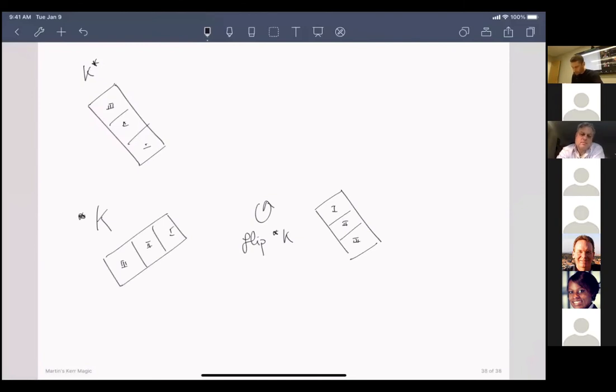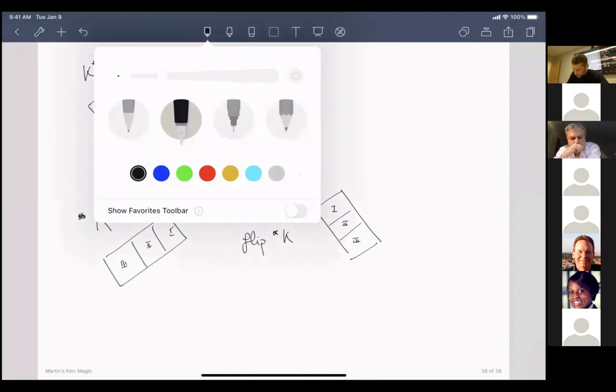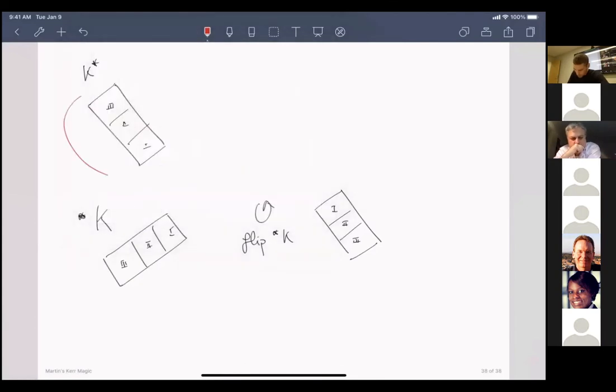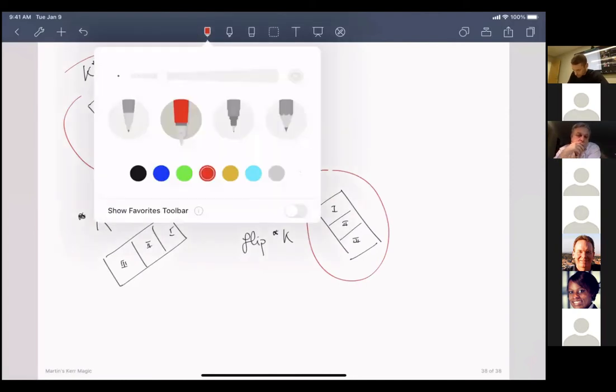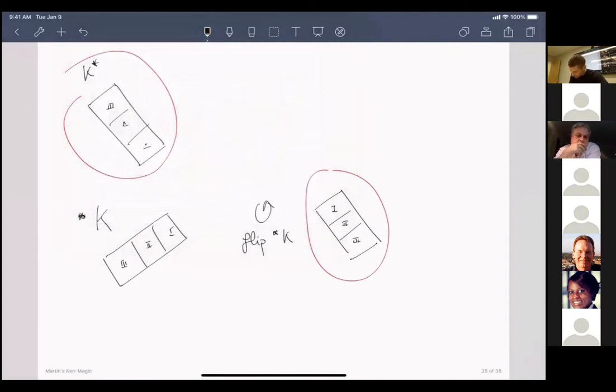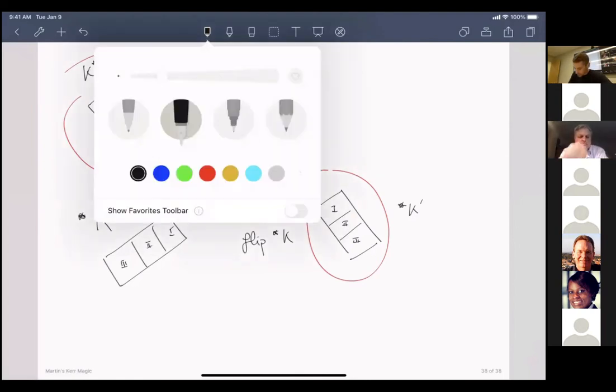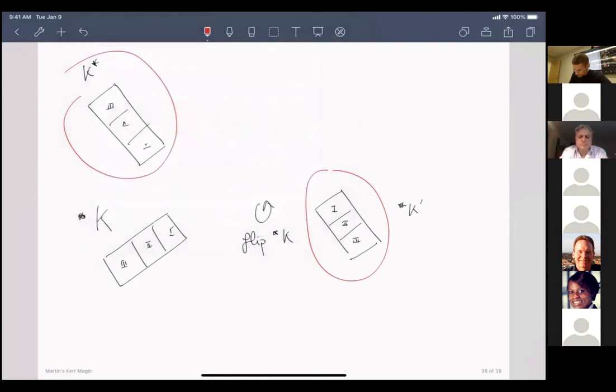I can flip it. And then what I can do is I can bring these two together. So you can call this the flipped star Kerr flip. We'll call it star Kerr prime. And then you can bring these two together.